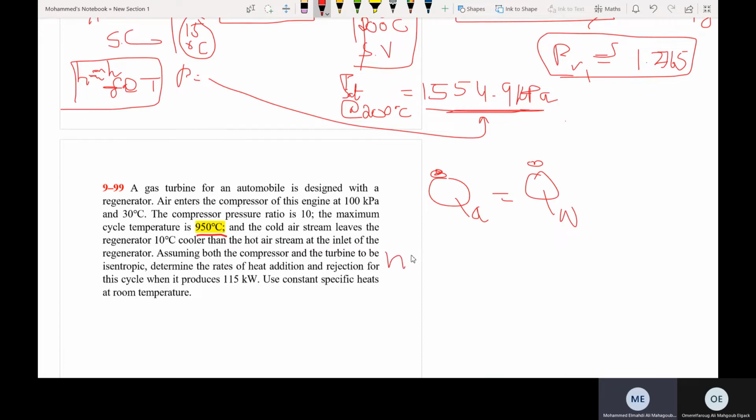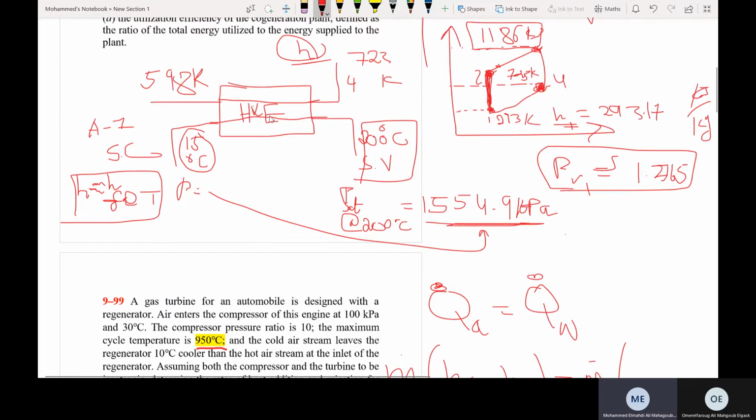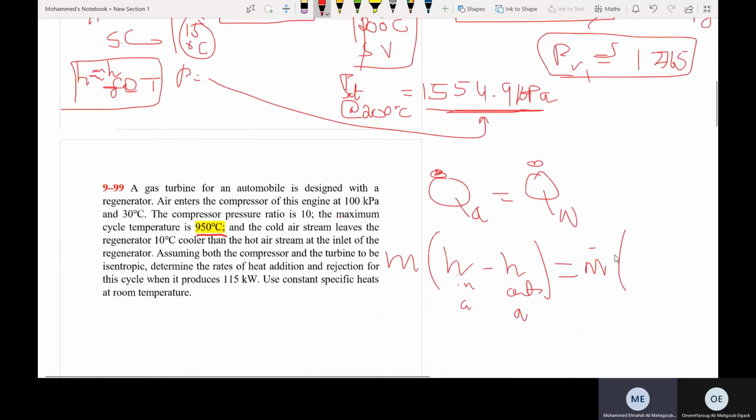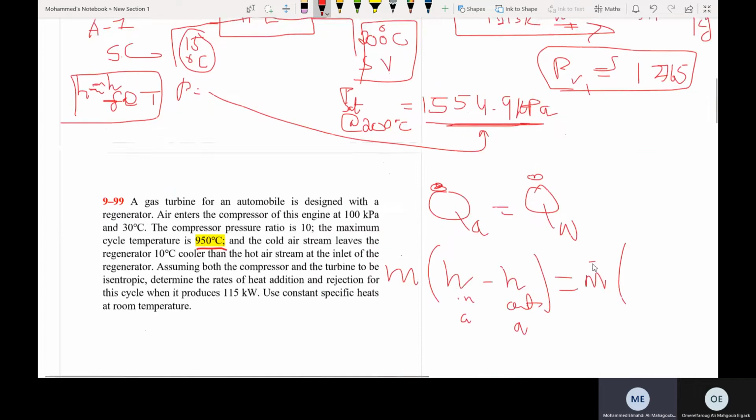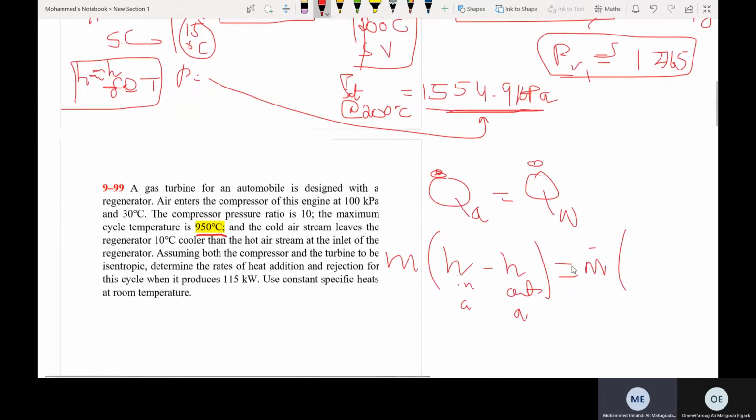It is, of course, m dot times h in for air minus h out for air. And here we have m dot, again the same thing, but for the water, let's make it h out minus h in. Why? Because out is higher than in, okay? Or otherwise you can put a minus outside and make it in minus out.